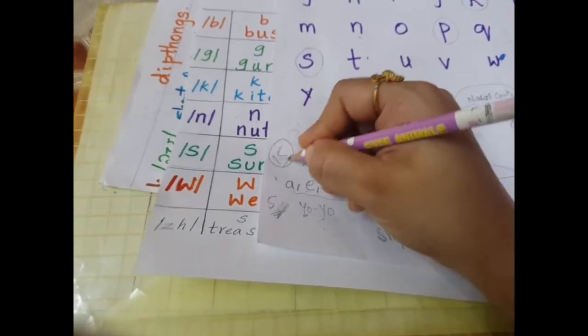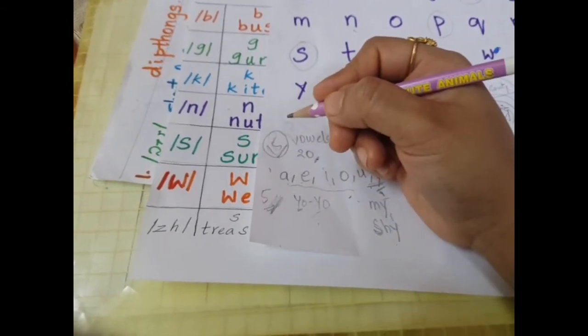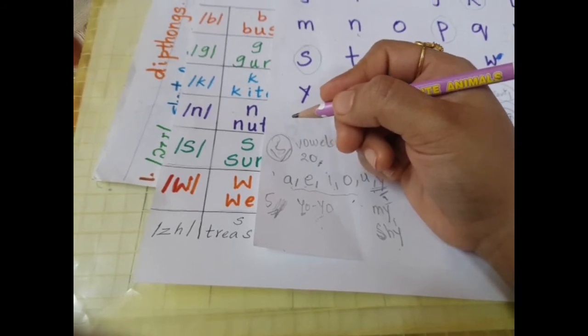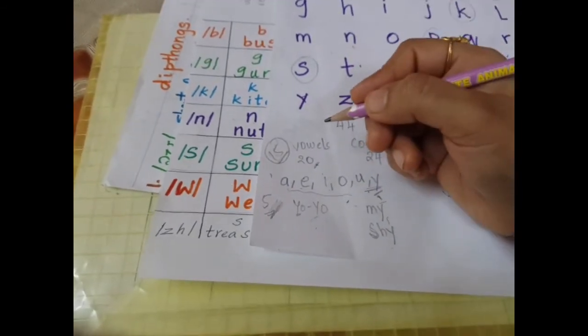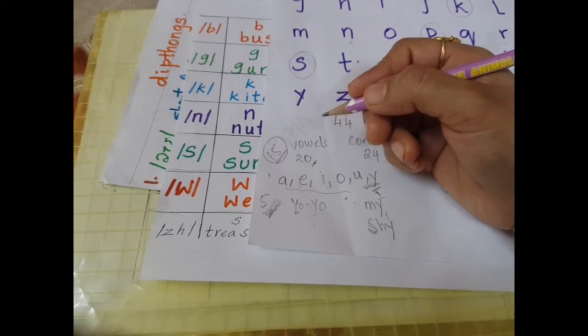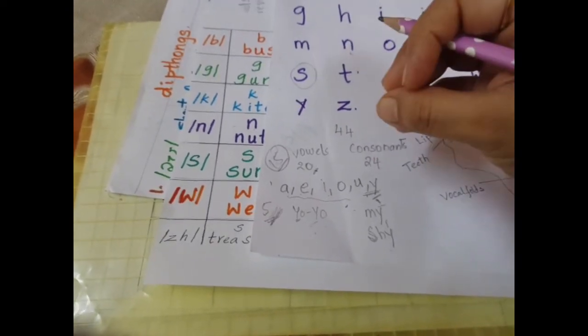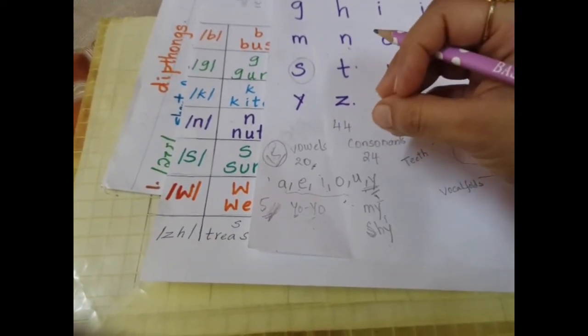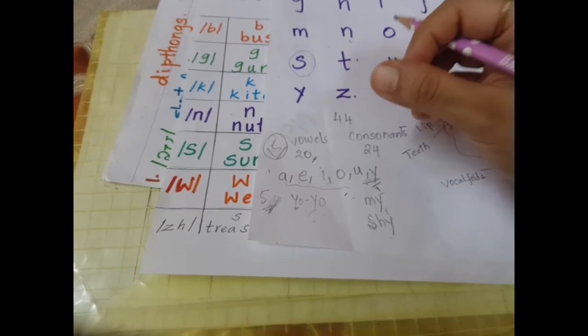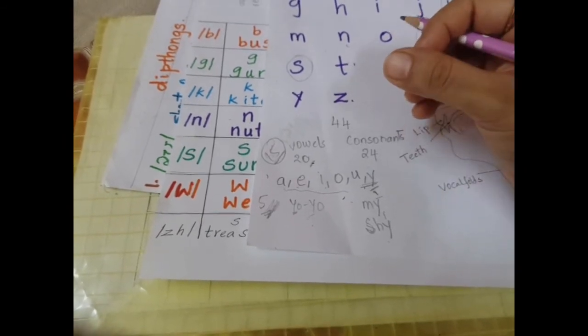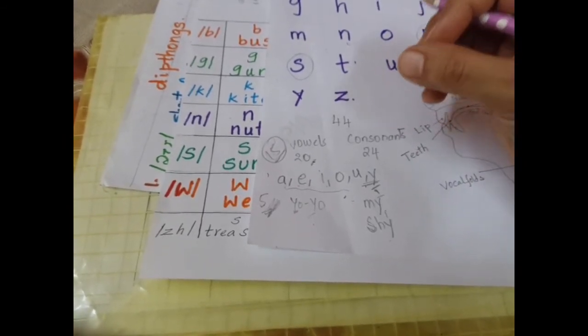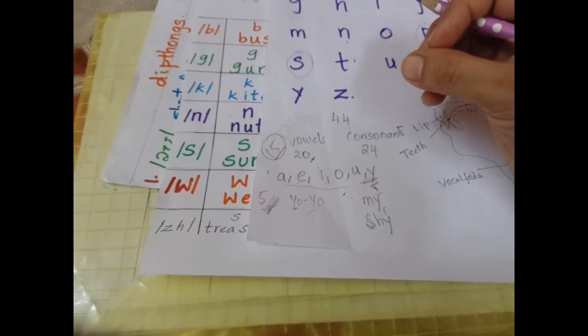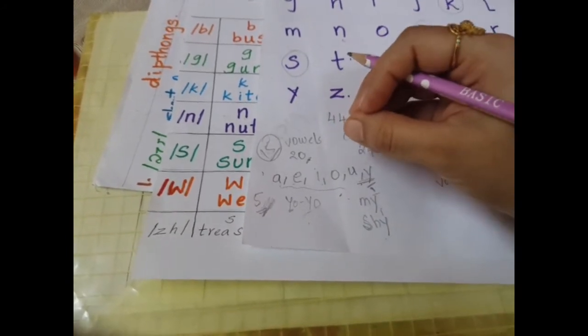But these 15 sounds are somewhat tricky, so I wanted to explain in detail. That is why I'm mentioning that today's lesson is for the parents and not for the kids, because I don't think a child at the age of 5 or 6 would be able to understand these vowel sounds.